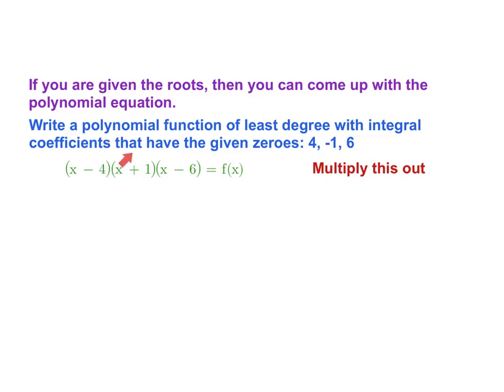Feel free to multiply these 2 together first. It's up to you. I'm just telling you, when you see what's going to be on the screen, I multiplied the back 2 together first. Don't think yours is wrong because you didn't do it that way. When I multiplied the last together, here's what I got. I got x squared minus 5x minus 6 when I FOILed those last 2 out.